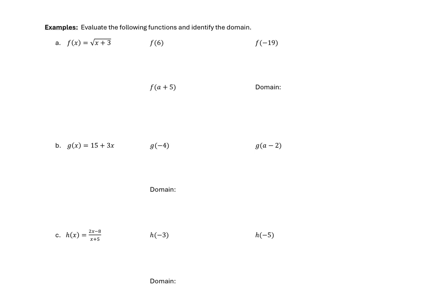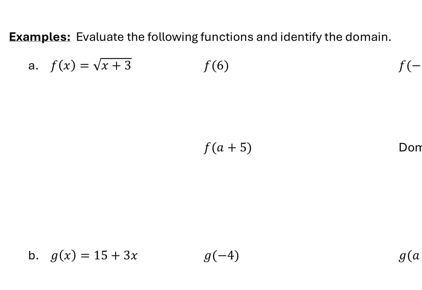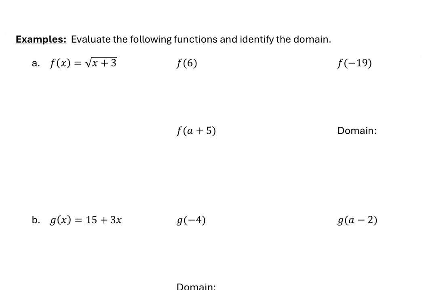All right, so the next thing that I want to do is review a little bit about evaluating functions. And so let's go ahead and start with example A. We have f of x equals the square root of x plus 3. So remember that when we evaluate, what we want to do is take whatever is inside the parentheses and replace it for the x's.